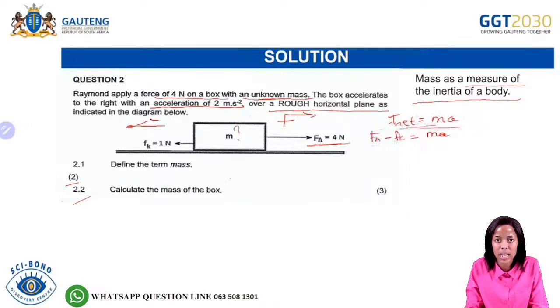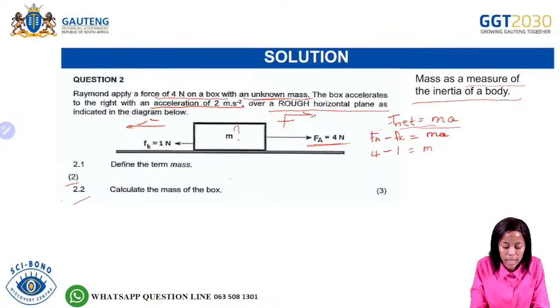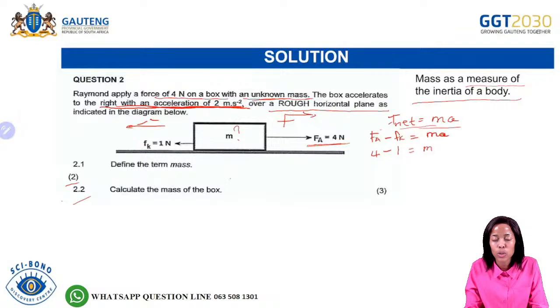On the right hand side, we have 4 Newton, and on the left hand side we have 1 Newton. We were told that the mass is unknown, so our mass will be represented by the letter M. But then again, we were given the direction of the acceleration and the magnitude of the acceleration, which is 2.